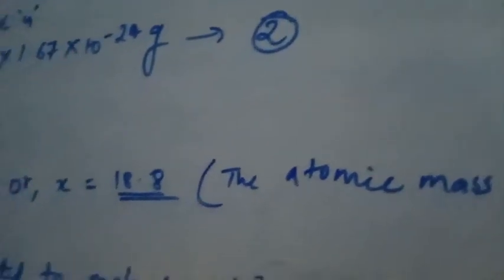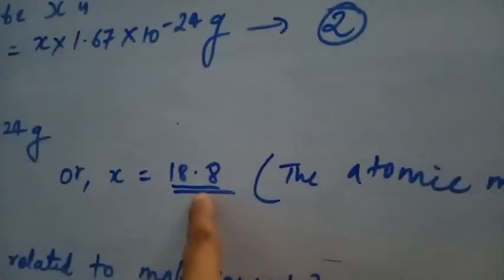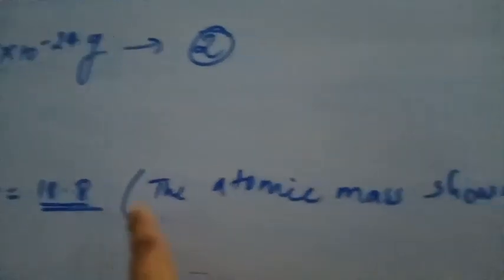If you see, the atomic mass of fluorine is almost 19. So the value is similar to the atomic mass of fluorine. So the atomic mass shows the element is fluorine.